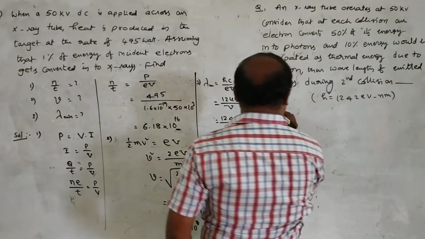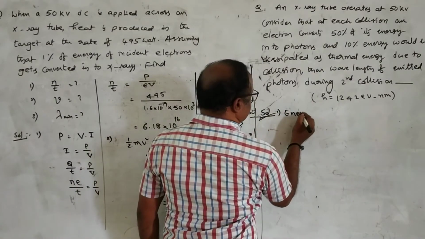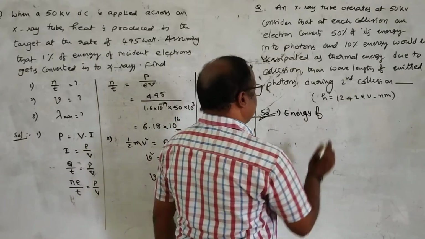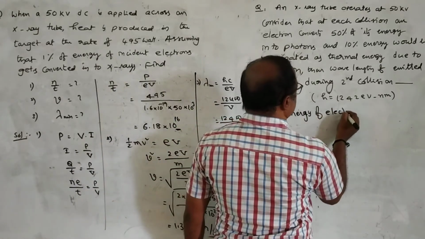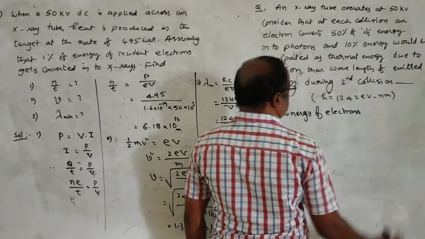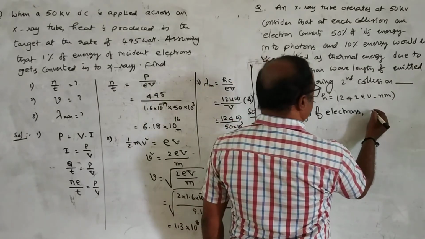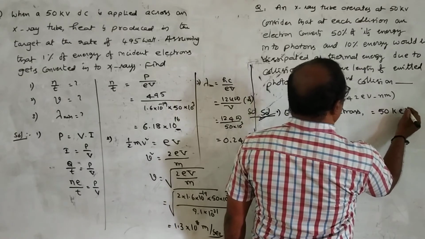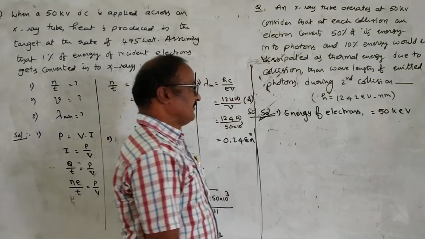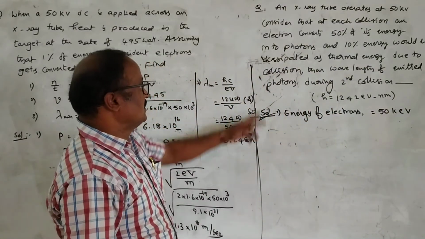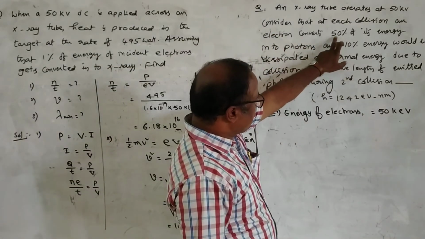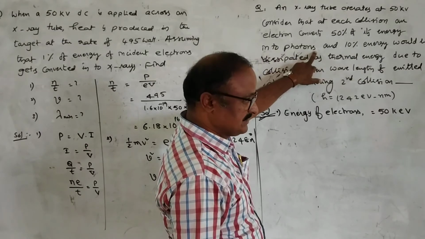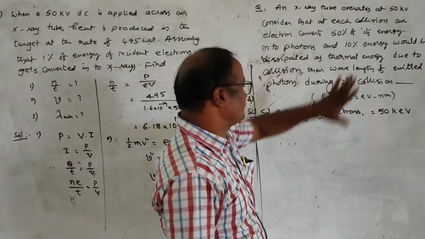Therefore, the initial energy of electrons emitted from the filament is equal to 50 kilo electron volts. Again, it is given that 50% of its energy is converted into photons.